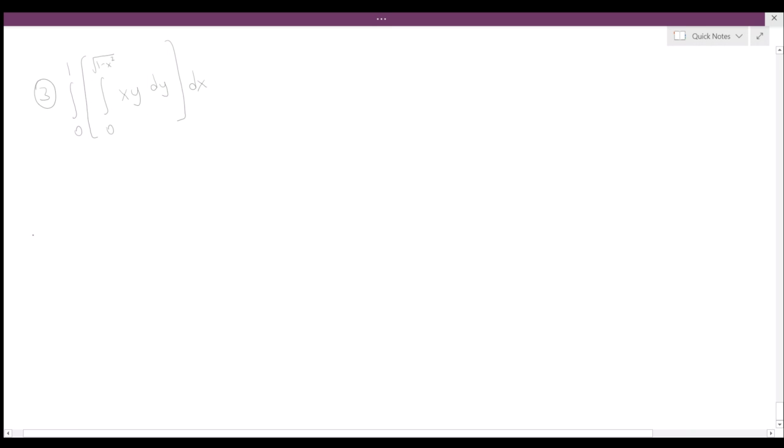I'll make a small note right now that when you're setting up a double integral, the bounds on the outer integral should always just be numbers.